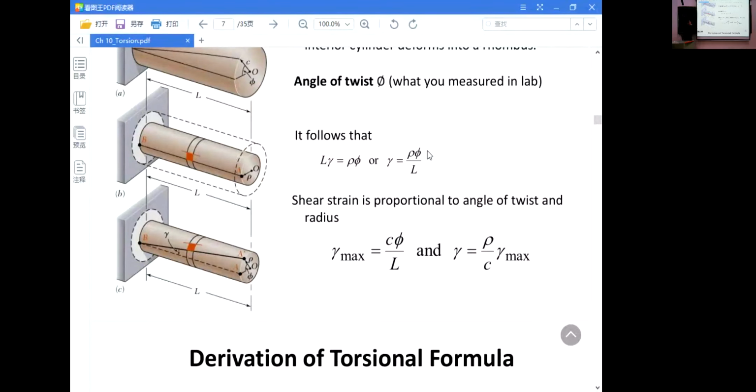Gamma rho over rho is phi over L. Replace it. It's gamma rho. G gamma rho is tau rho. It's tau rho. Yes or no? So T is here. So tau rho is T rho over this one. Yes or no?